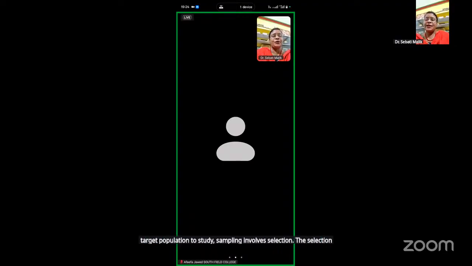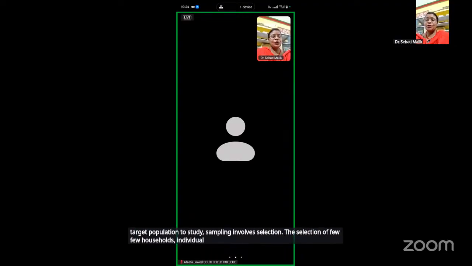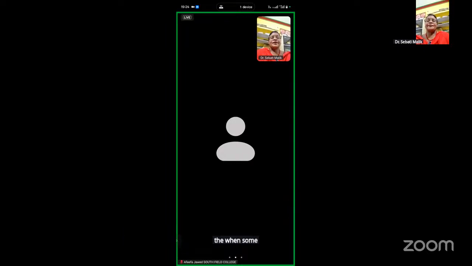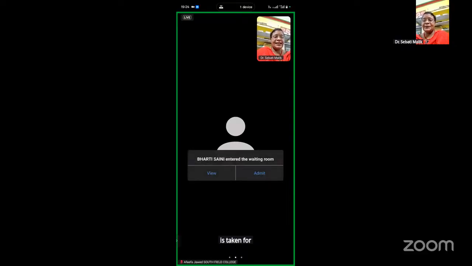But in sample survey, sampling involves selection. In social sciences, sampling techniques are methods to select respondents from a target population to study. Sampling involves the selection of few households, individuals, or groups to study rather than covering all of them. When some portion of the study is taken as the representative of the whole study universe, the process of selection is called sampling.